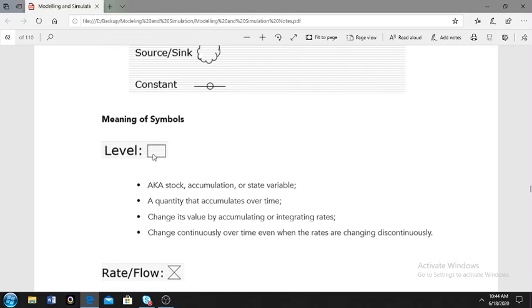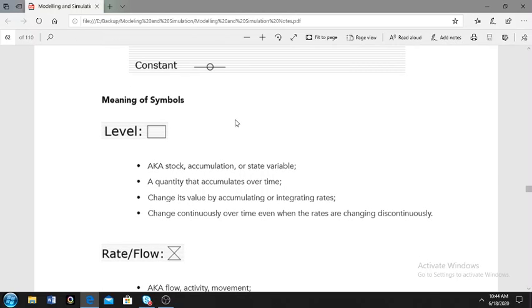Now, the two key symbols in this diagram are the symbols of level and rates. Levels, which are also called stocks, are also called accumulation or state variables. A level is a quantity that accumulates over time and changes its value by accumulating, or integrating, rates. It changes continuously over time even when the rates are changing discontinuously.